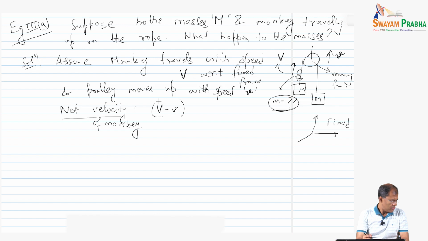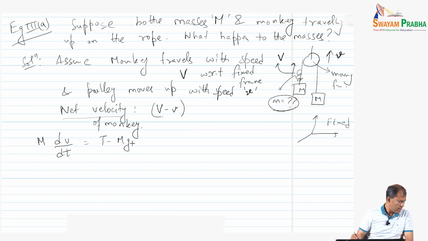So we see that the force balance is, for the masses we have M times dv/dt is equal to T minus Mg, right?